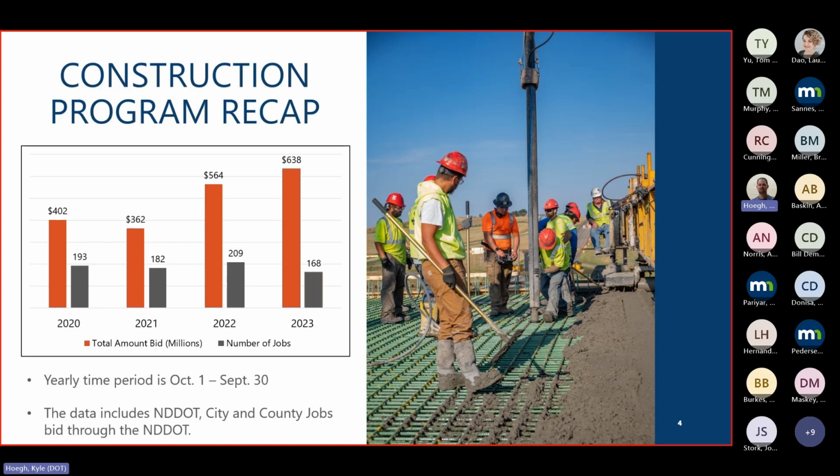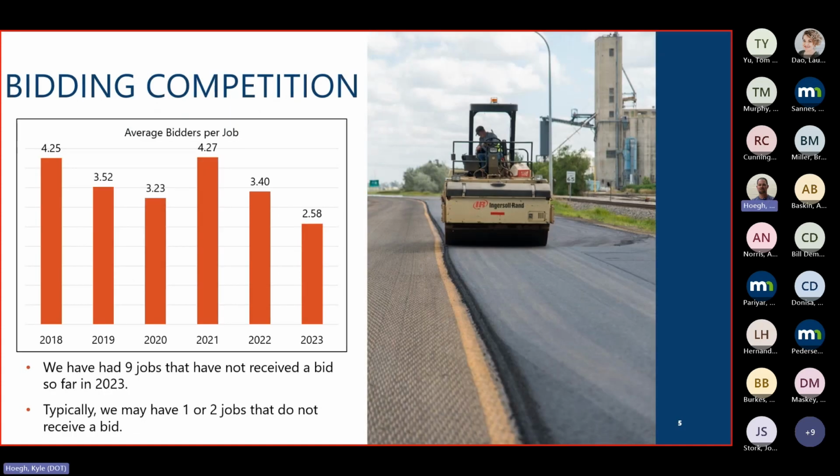Currently, we have a little over 600 million and we bid 168 projects. So we are essentially doing fewer projects with more money. In our ideal world, that would be flipped, right? That's the story of inflation. Our money is not going as far, so it's really important that we're getting quality in our projects.